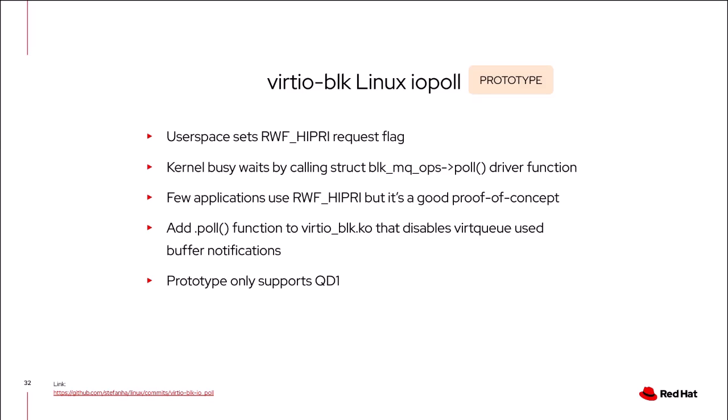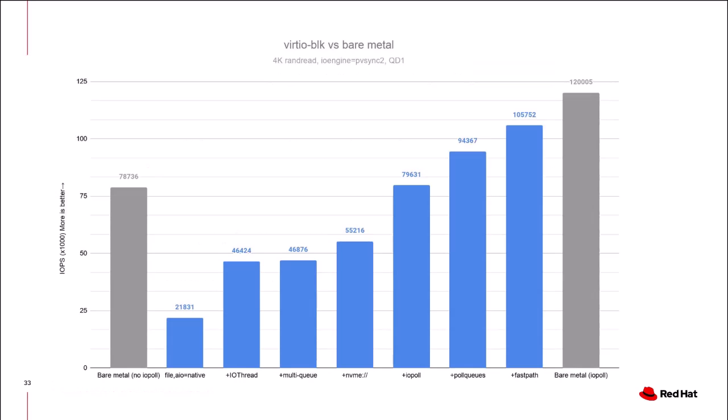The guest driver for VirtIO block does not implement this interface yet, but it's one function that we need to implement, so I have written a prototype for that. It only supports QDepth1 because that's what I was benchmarking. It's not a full implementation, it's a prototype to check what effect it has on performance, and the link to the Git branches is on this slide. So we'll look at that.